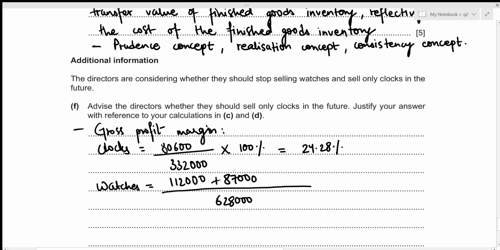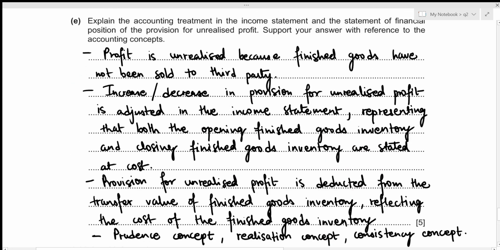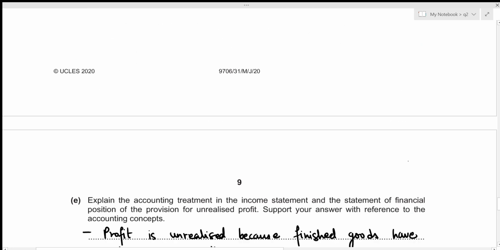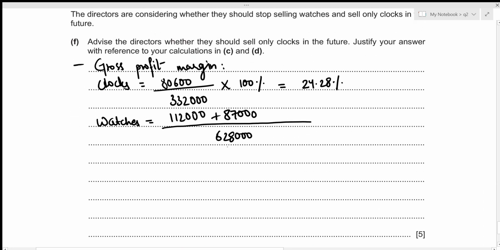And we need to subtract the increment in the provision for unrealized profit and add the decrement in the unrealized profit. And we can see that there was an increase in provision for unrealized profit, and that increase was of 1,000, meaning that we need to subtract this. Let's do that. So that's minus 1,000 times 100%. So this results in the gross profit margin for watches to be 112,000 plus 87,000 minus 1,000 divided by 628,000 times 100%, which gives the gross profit to be 31.53%.